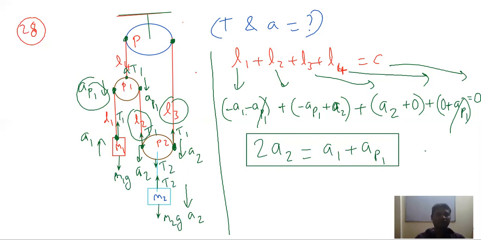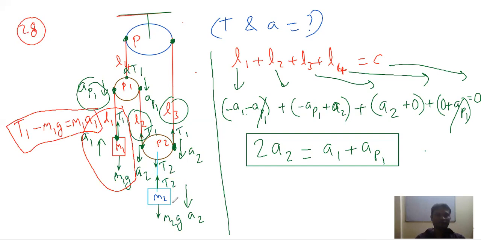So for this free body diagram of M1, we will have Newton's law equation as T1 minus M1G is M1A1. So this is the equation of Newton's law. For mass M2, what will be the equation of Newton's law? It will be M2G minus T2 is equal to M2A2.